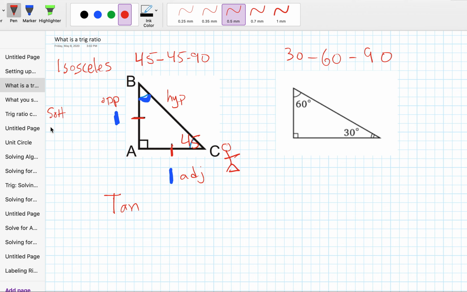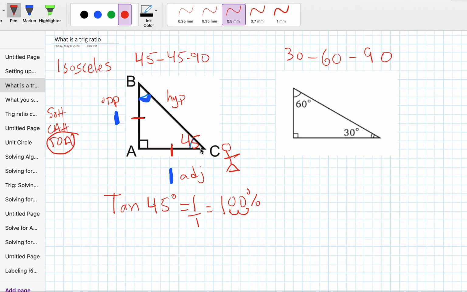We use SOH-CAH-TOA to help us remember our ratios, and the O and the A is using tangent. So tangent at the angle 45 degrees, we know for a fact, we're positive, is 1 over 1, or 1. When we move the decimal over and turn it into a percent, we're saying 100%.